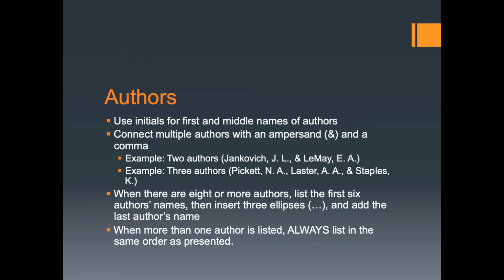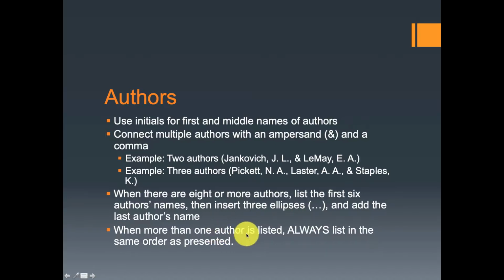So if you have 8, you will do numbers 1 through 6, then the dot, dot, dot, and then you will list the 8th author. But all in all, you only have 7, so you can never go more than 7 names on the references page.